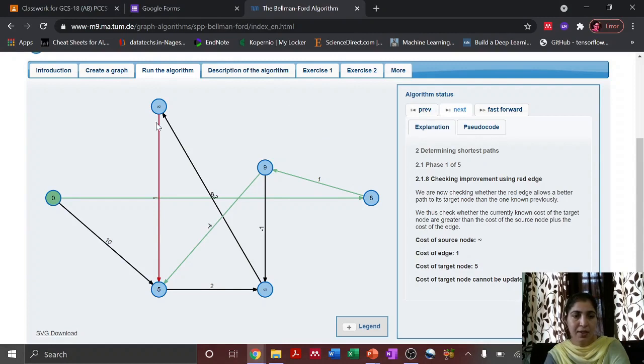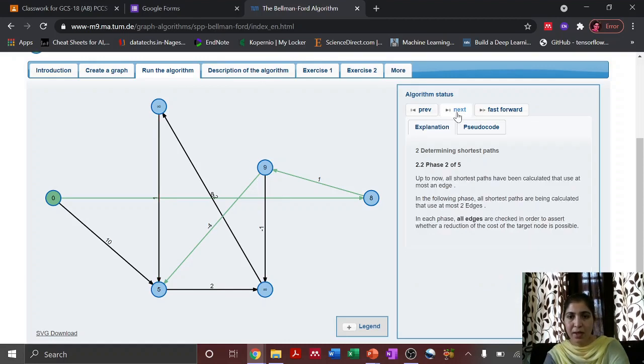Now we are considering this. This is infinity plus 1, which is infinity. So the target node's cost is 5, so it will not be updated, right? So let's move ahead. We have now visited all the edges one by one and updated them.